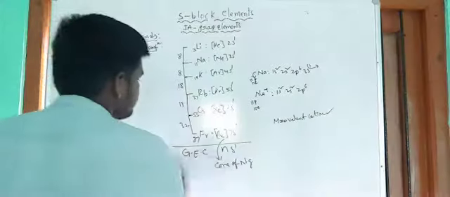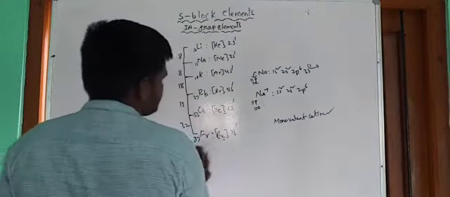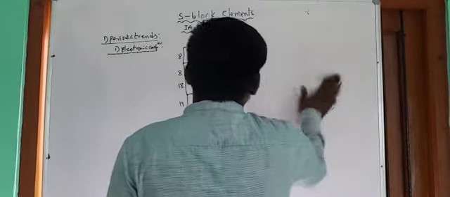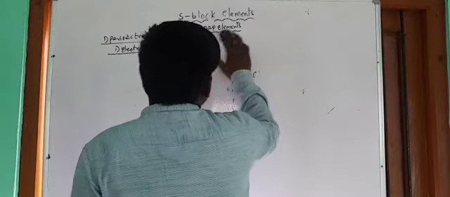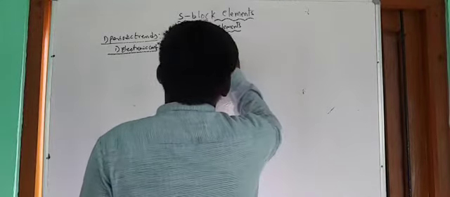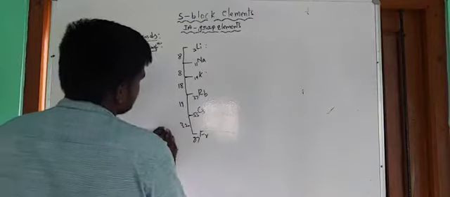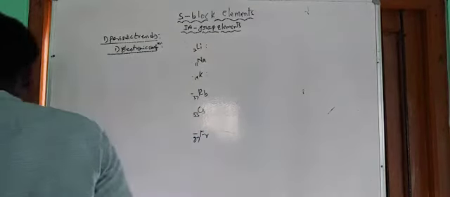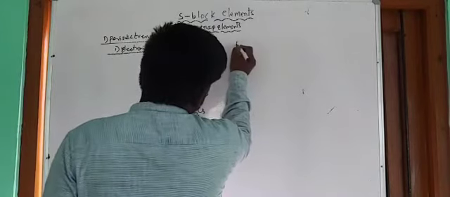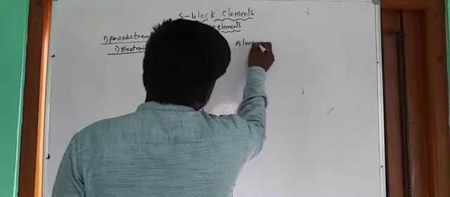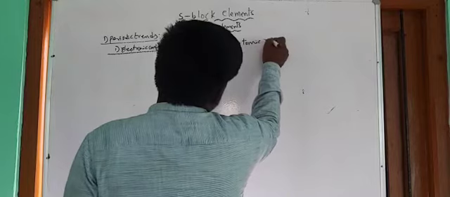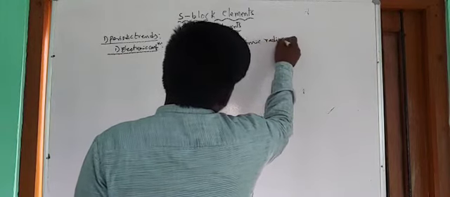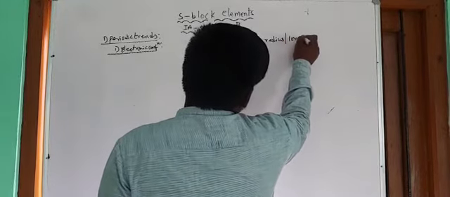And the next periodic trend is atomic radius and ionic radius. Atomic radius, ionic radius.